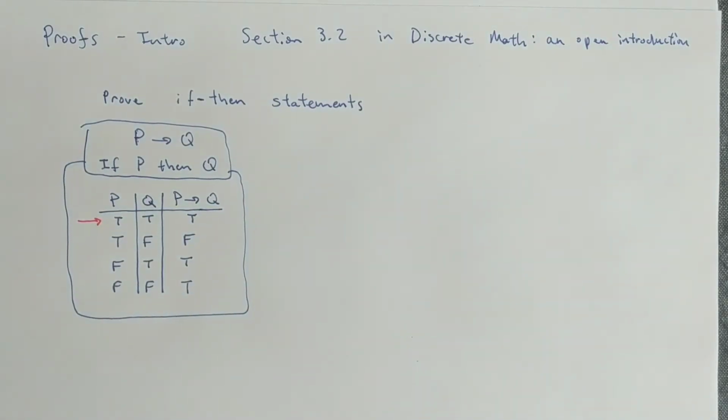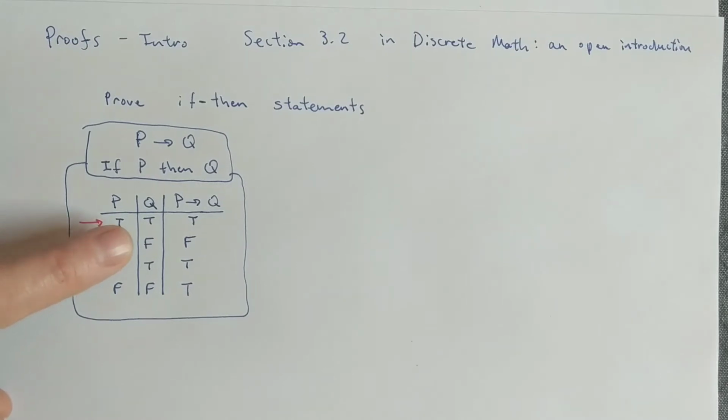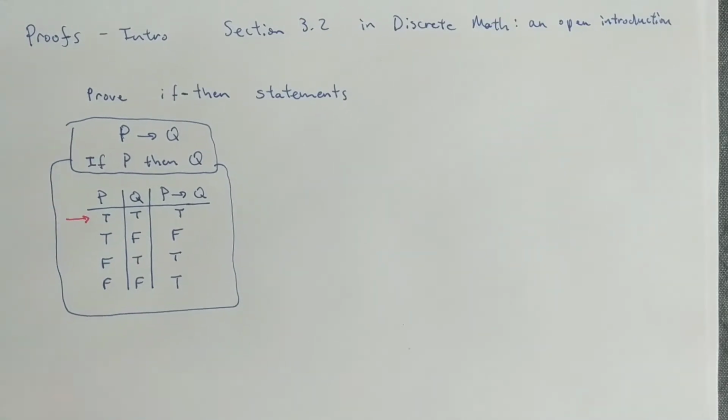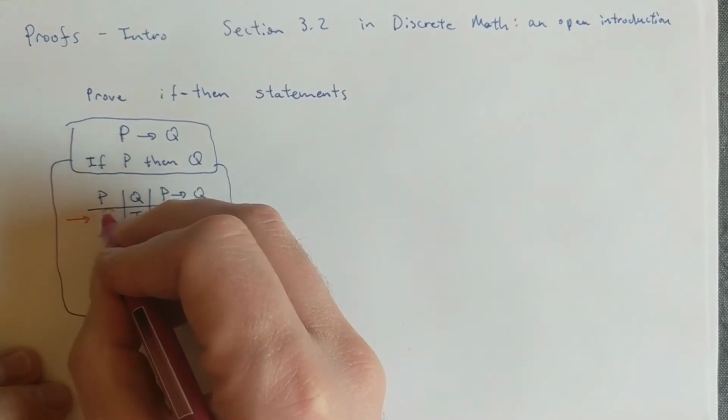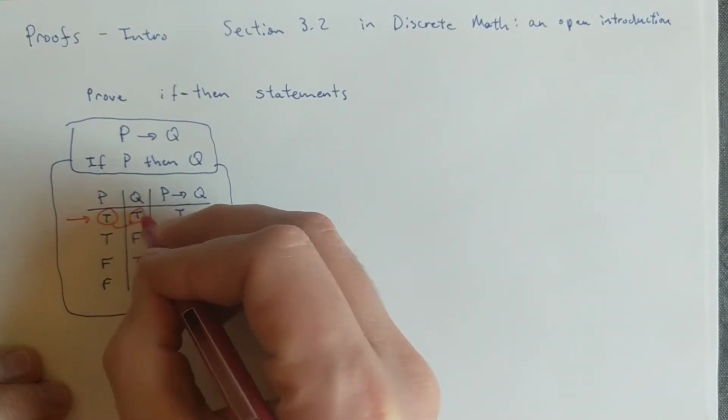The row we're going to take as our template here is going to be this first row, where if P is true, in order for the whole statement to be true, and I guess the second row sort of as well, we need Q to be true. And so we're going to start here and then show that this must be true.